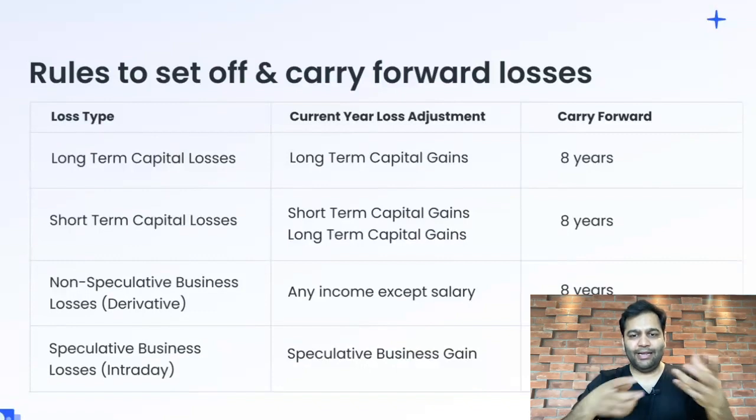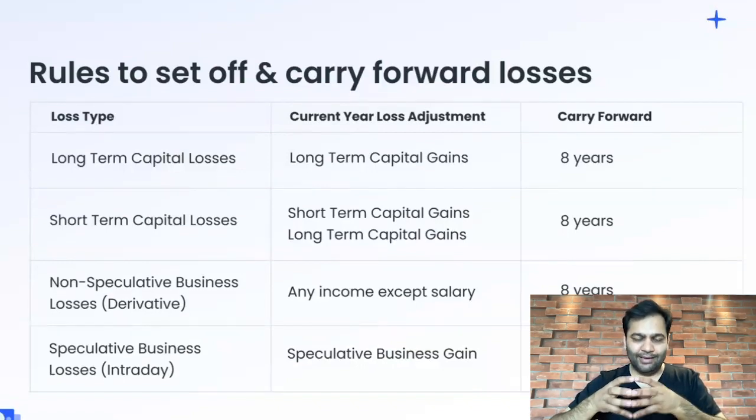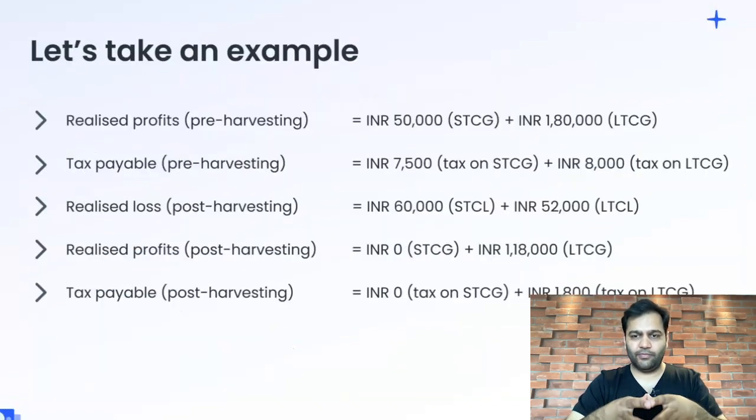Because salary and business profession are two sides of the coin, right? So, what the Income Tax Act prescribes is if you are incurring losses from business, you cannot set them off against salary. Again, carry forward rules are 8 years for non-speculative business income arising out of derivatives trading, and 4 years in case of intraday.